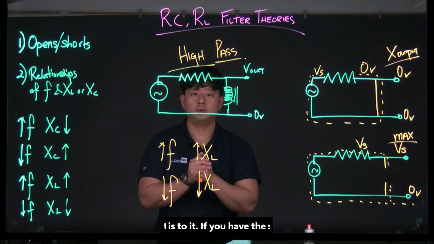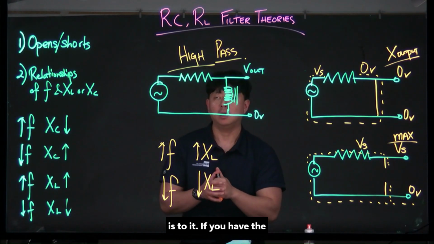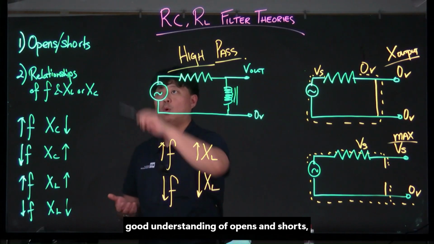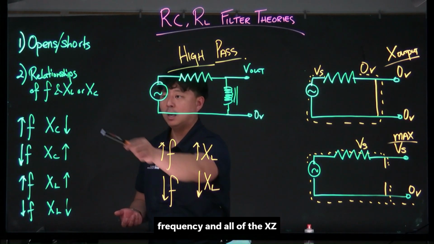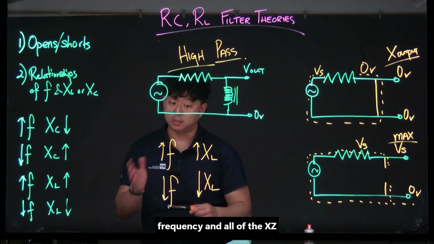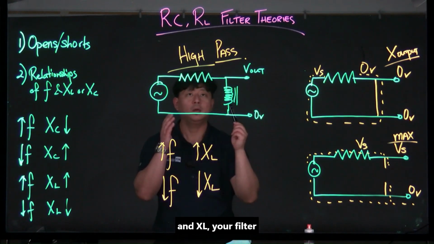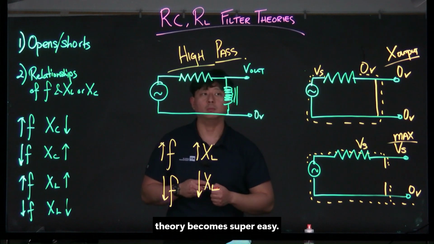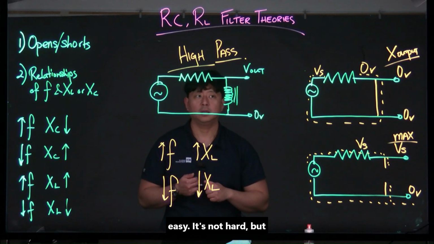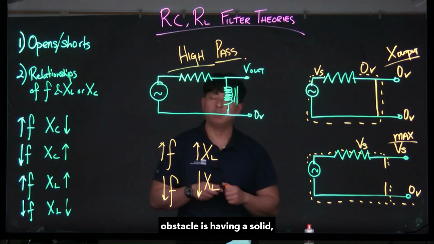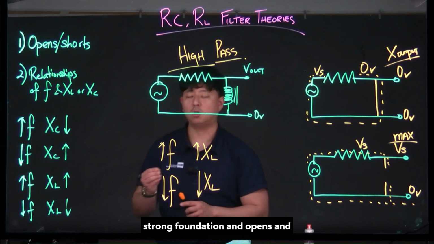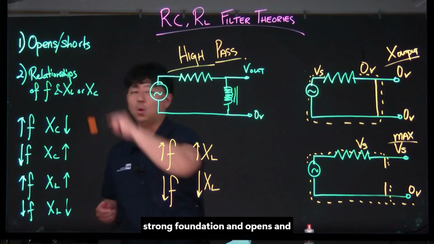That's all there is to it. If you have a good understanding of opens and shorts, and then the relationship between the frequency and all of the XC and XL, your filter theory becomes super easy. It's not hard, but the obstacle is having a solid, strong foundation in opens and shorts.